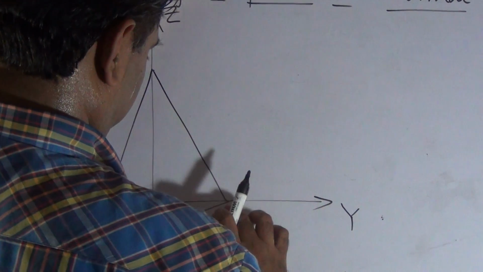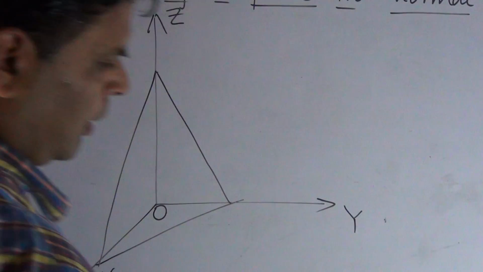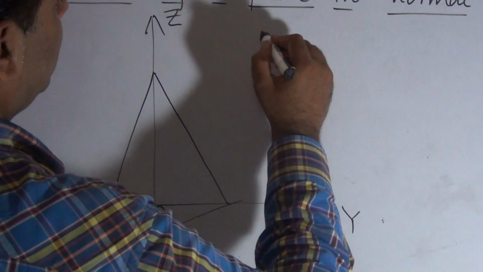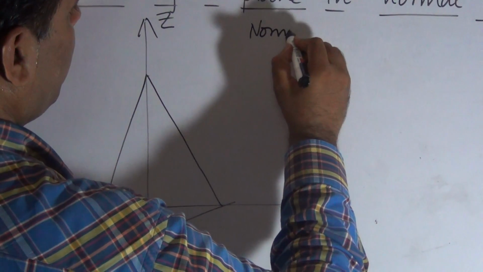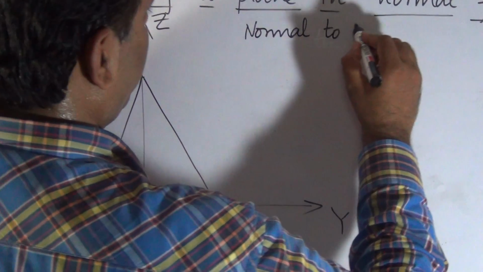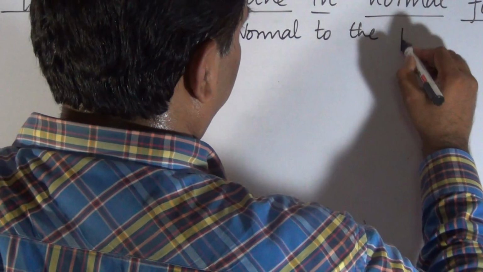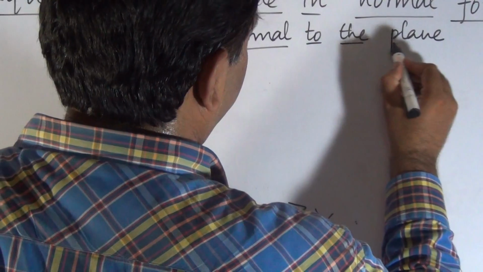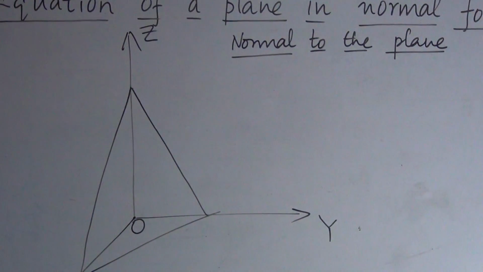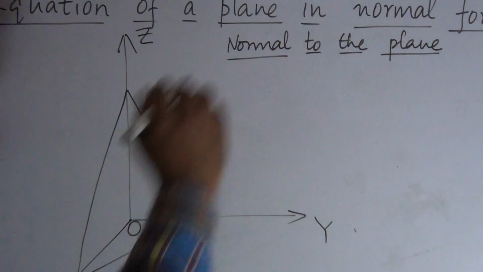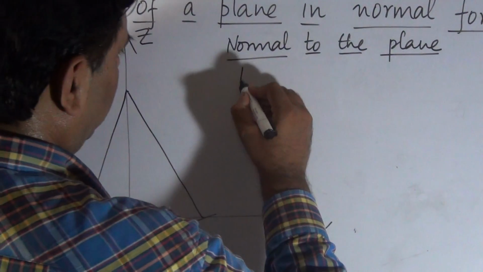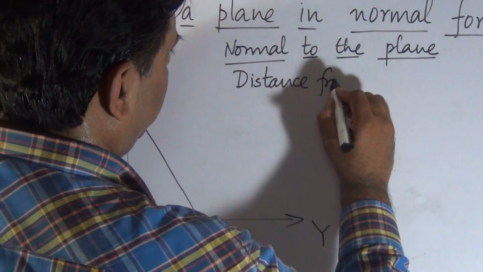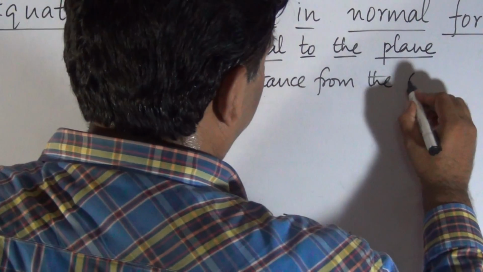Now I'm told that there is a normal to the plane, and I'm also given the distance from the origin.